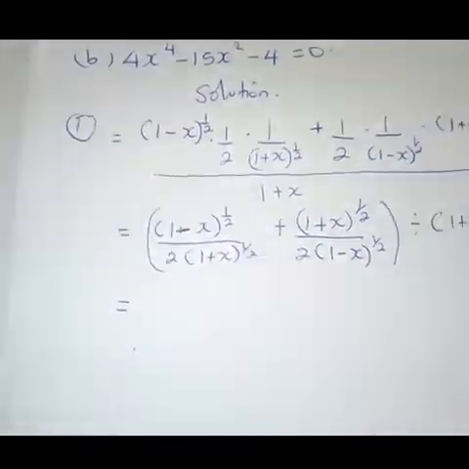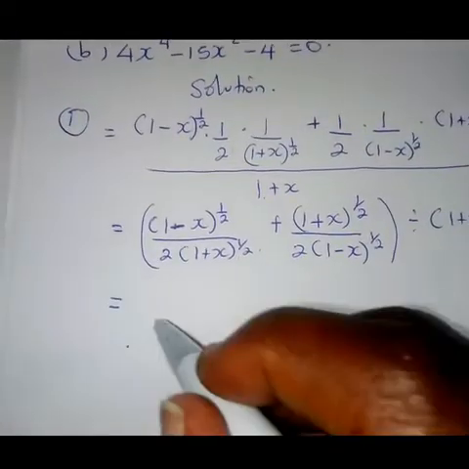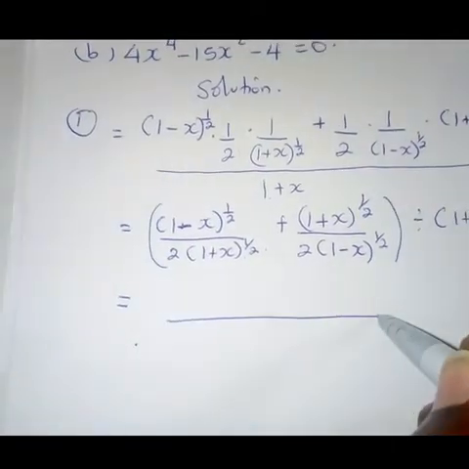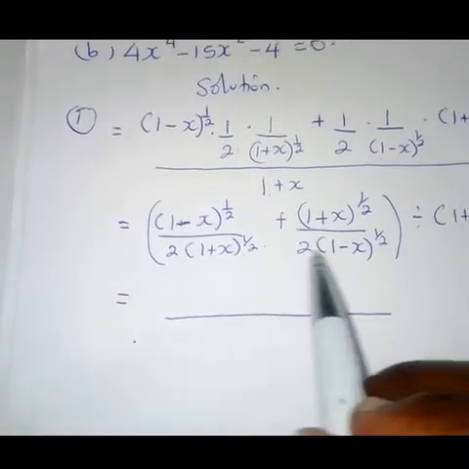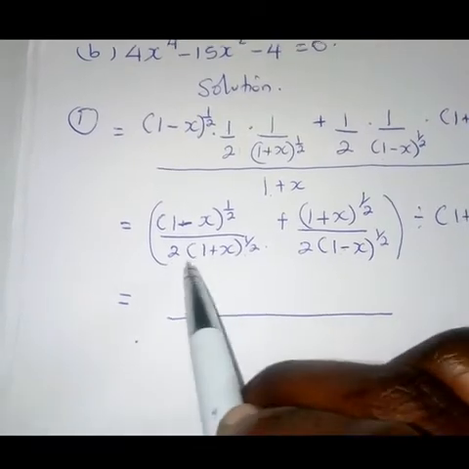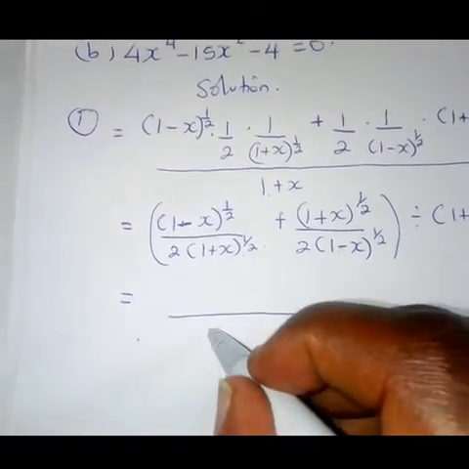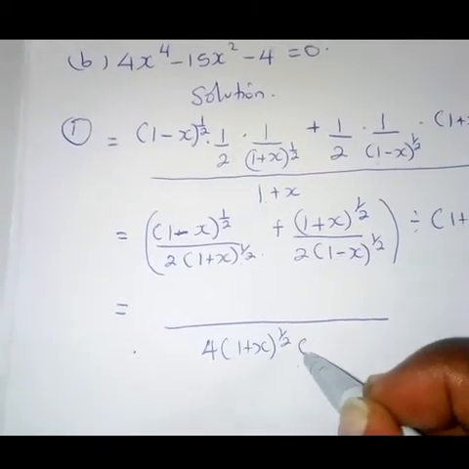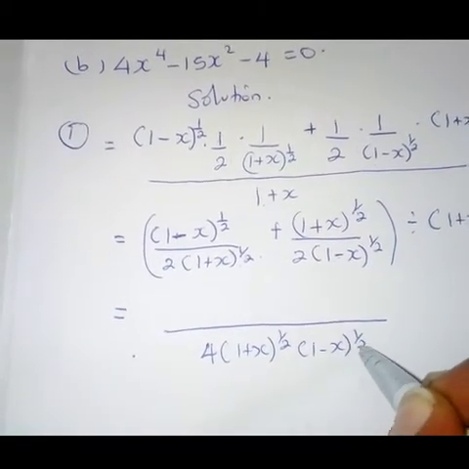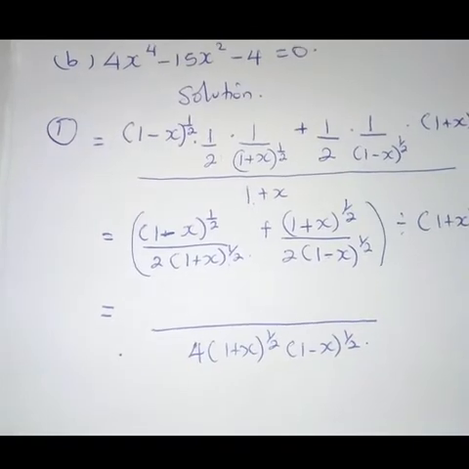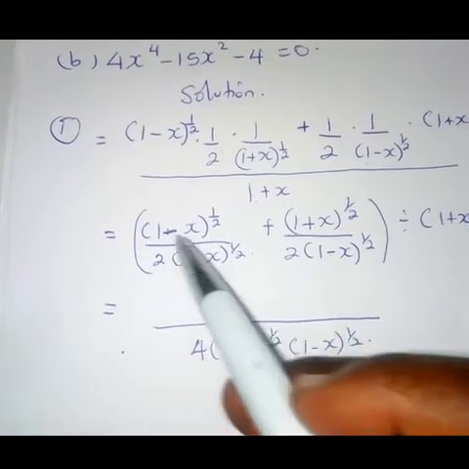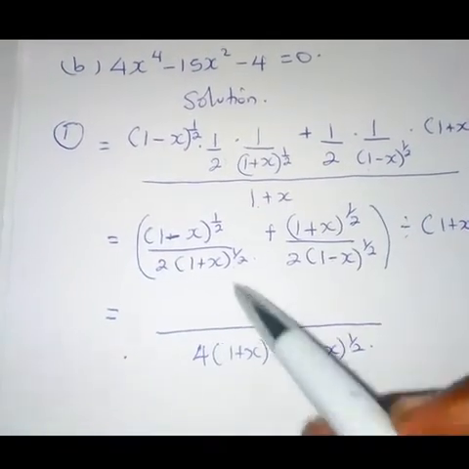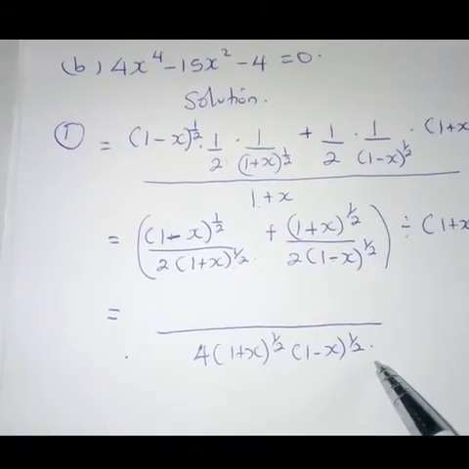So in our next step, I'm going to perform the LCM. Like we said, LCM is multiplying these two, which will give us 4, 1 plus x to the power a half, 1 minus x to the power a half. Like I told you about a trick, we can multiply this and that as we get the independent terms, this and that, which we already have.